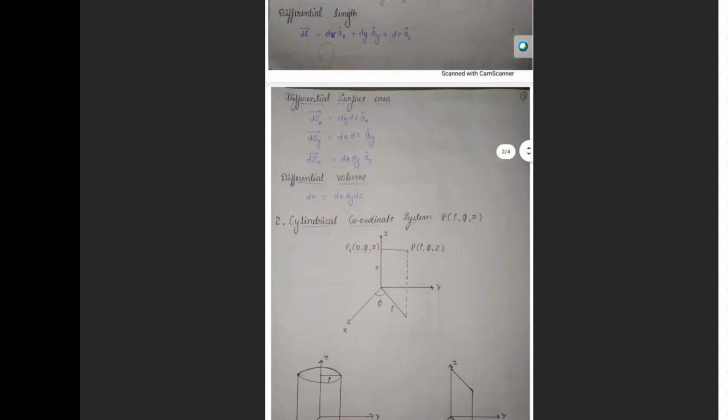Once you define the differential volume sides and the corresponding unit vectors, just multiply the sides with the unit vectors and add them to get the differential length: dx ax plus dy ay plus dz az. Second one is differential area.